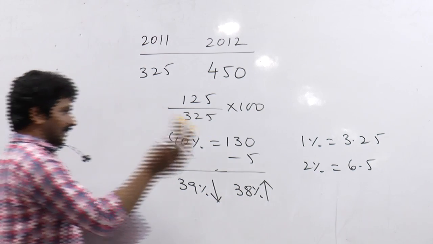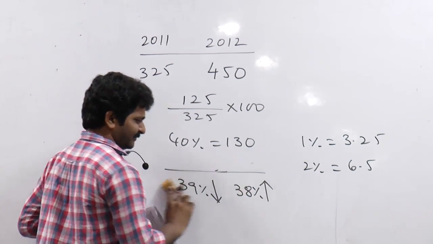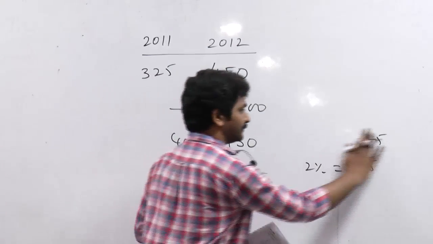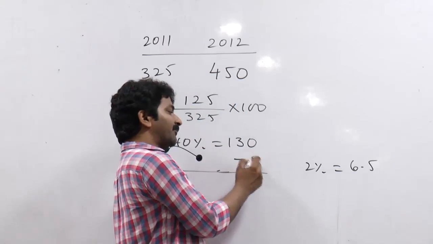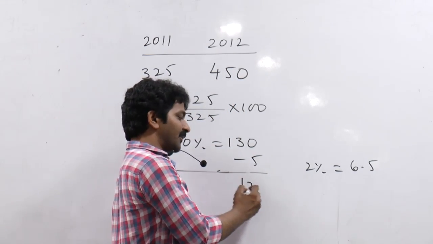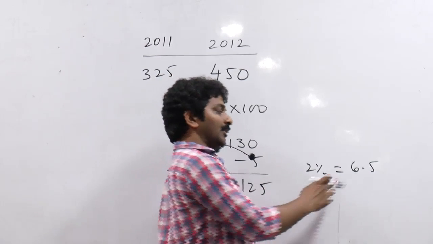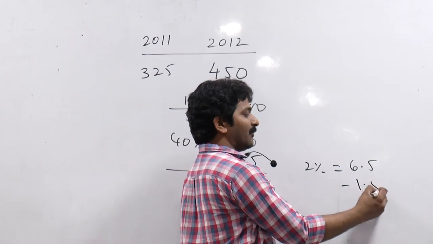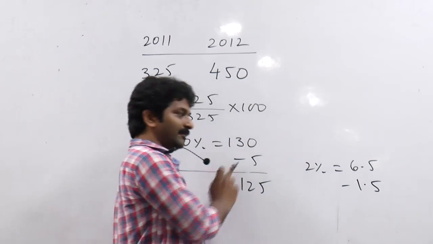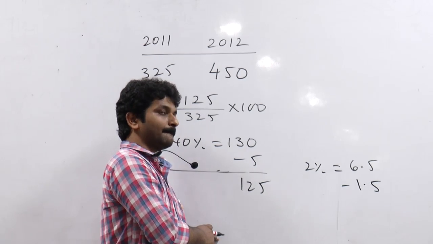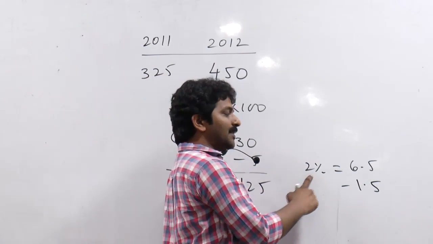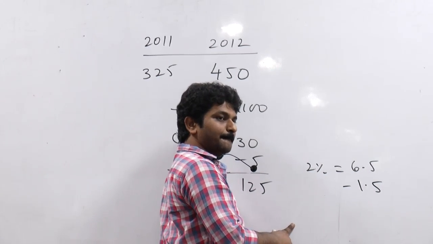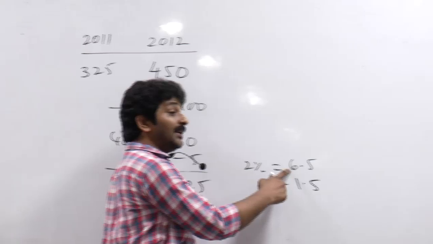Understood. Okay. I was thinking something. Now you need to identify 5 forms what percent. You need to subtract 5. Then it becomes 125. 2% is 6.5. From this you need to subtract 1.5. Then it gives you 5. If 2% is 6.5, what about 0.2%? 0.65.